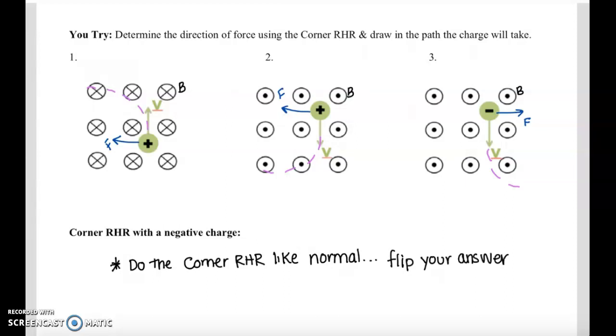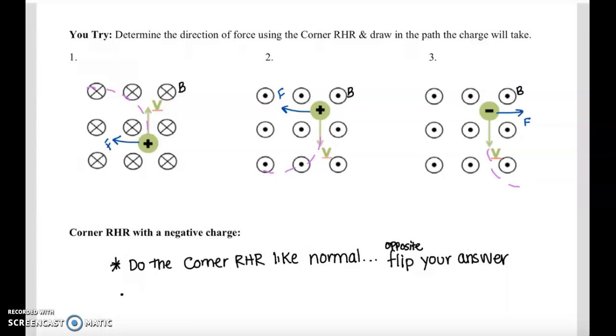That's right, the corner right-hand rule is made to work with positive charges. Just like when we studied electricity, we used conventional current, the positives flowing. So if you want a negative charge moving in a magnetic field and you're determining the force using the corner right-hand rule, do the corner right-hand rule like normal, and then take the opposite answer.